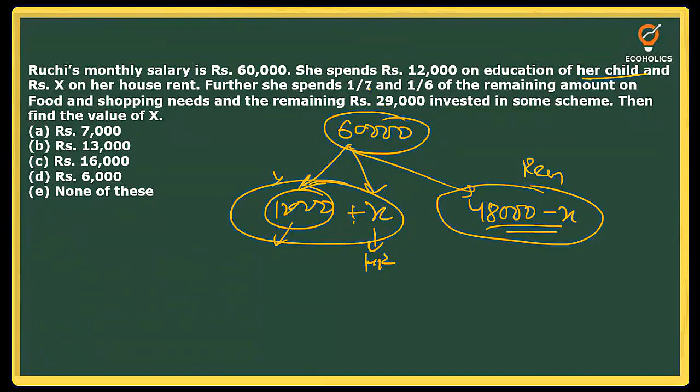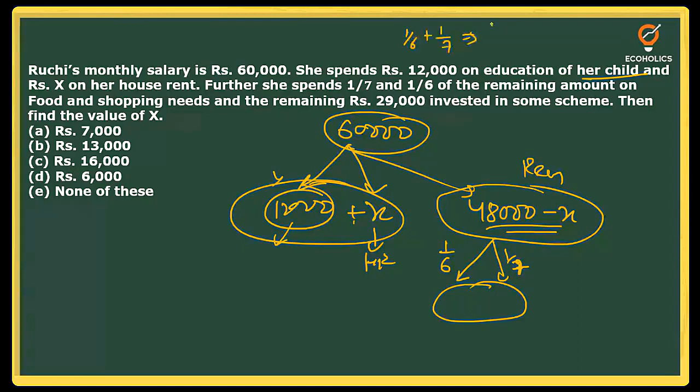Now she spent 1/7 and 1/6 of remaining amount on food and shopping needs and remaining 29,000 invested in some scheme. Okay. So 1/6 of this and 1/7 of this. That is spent. So you can directly, in fact, add these two. 1/6 plus 1/7. What is this?